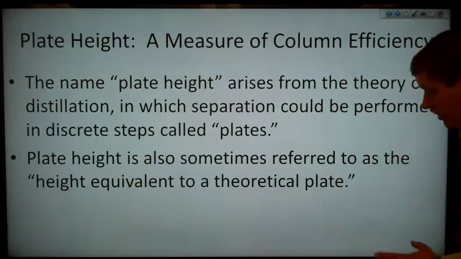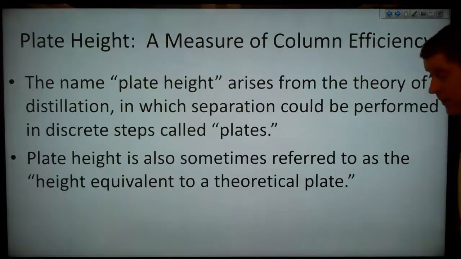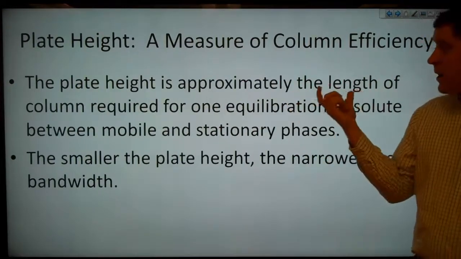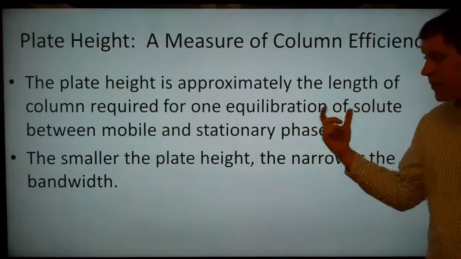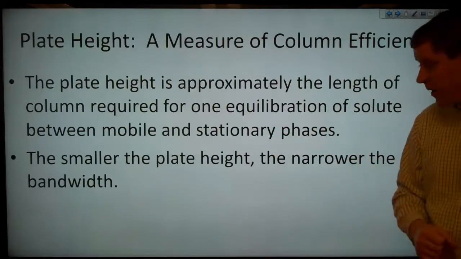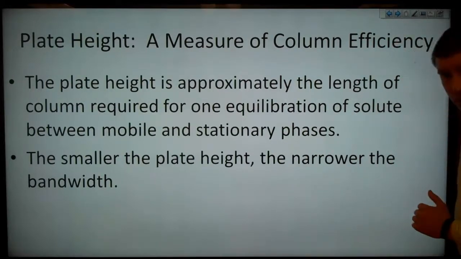Plate height is also sometimes referred to as the height equivalent to a theoretical plate. The plate height is approximately the length of column that's required for one equilibration of solute between the mobile and the stationary phases. And that means that the smaller the plate height, the narrower the bandwidth.